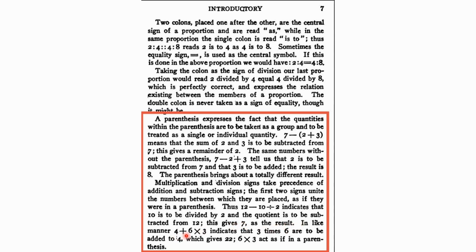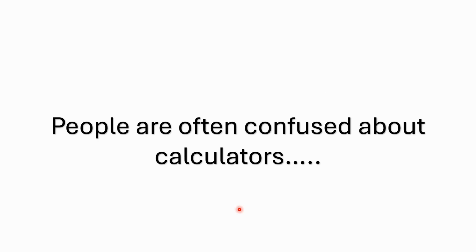In like manner, 4 plus 6 times 3 indicates that 3 times 6 should be added to 4, which gives you 22. So again, the multiplication takes precedence, and guess what? It's not written first. They understood this back in 1922, and yet, 103 years later, people are getting this wrong.